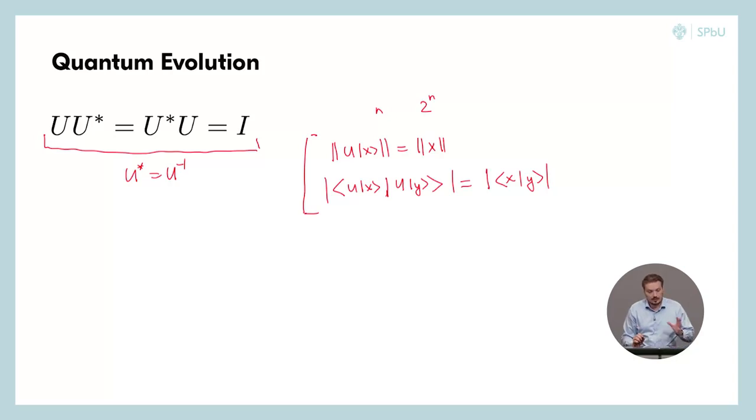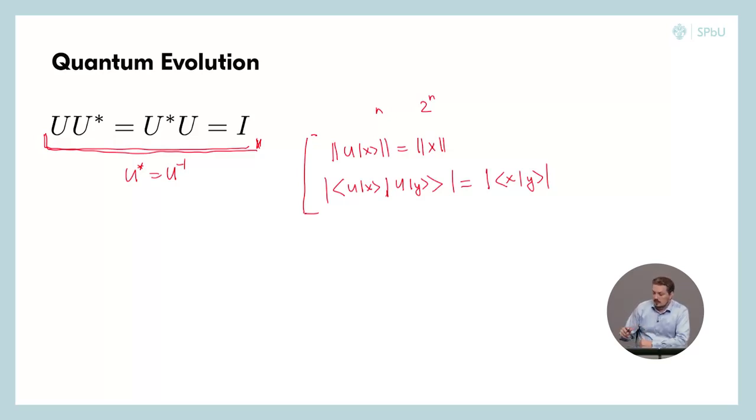It is sufficient for an operator to be unitary. So if we have some square matrix and we have to check if it implements a unitary operator, we can either check this, or we can check if this operator maps an orthonormal basis to an orthonormal basis.